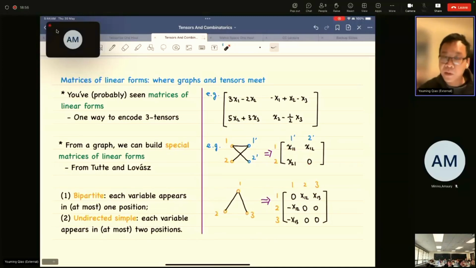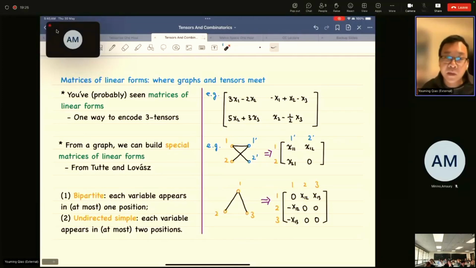Because each time there is an edge, you introduce a new fresh variable. On the other hand, if you have an undirected and simple graph, then each variable will appear in two positions, the 1, 2 position and the 2, 1 position, in this relation. Namely, if x12 appears here, then minus x12 appears in the other position.